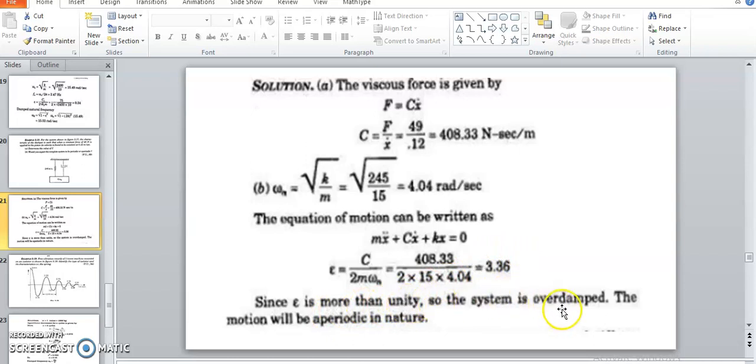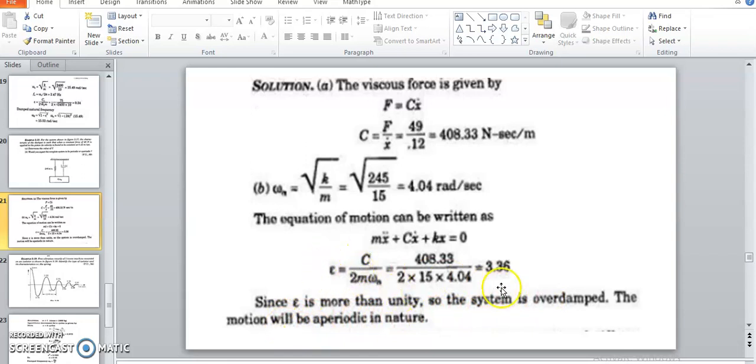So this system is an overdamped case, and for an overdamped case, the motion of that body is aperiodic in nature. How do you find that it is aperiodic? You must find the zeta value.